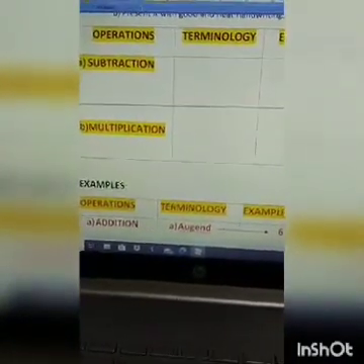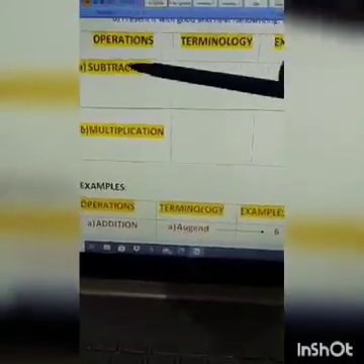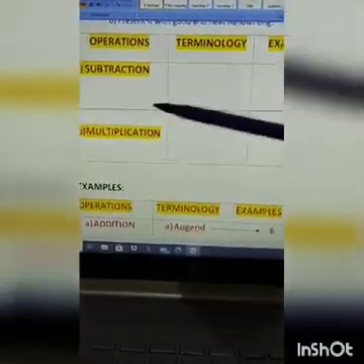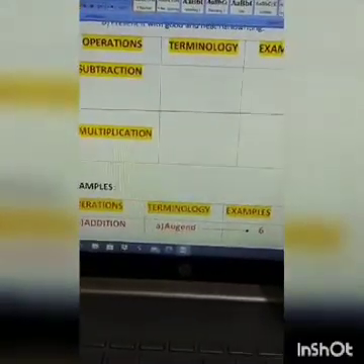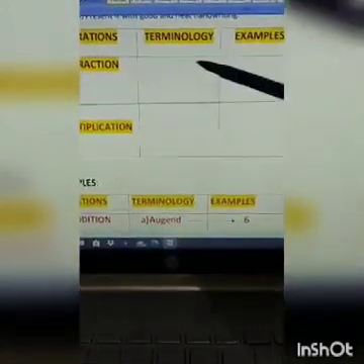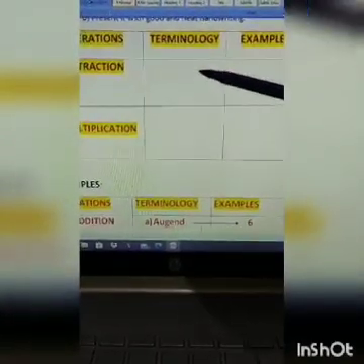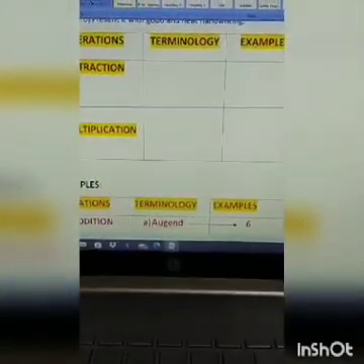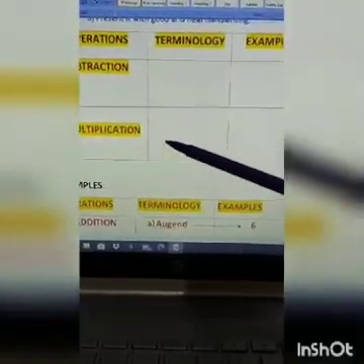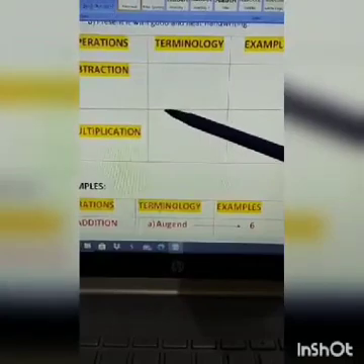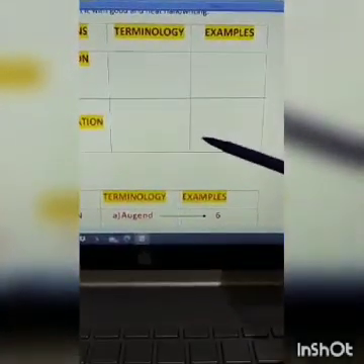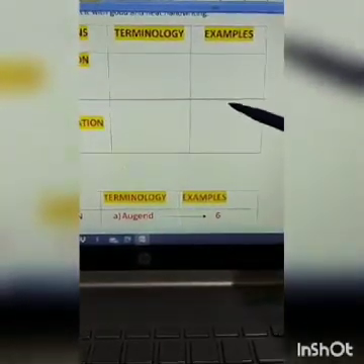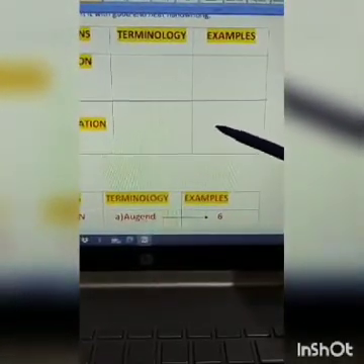Subtraction related terminology you will write over here, and examples you will also give here, and every term you will show by putting an arrow. In the case of multiplication also the same. Here you will write all terminology, basic terms of multiplication, and the example you will show here. The example you will write in this box.